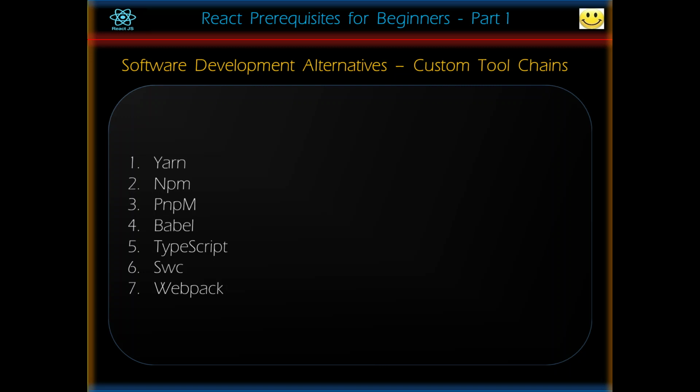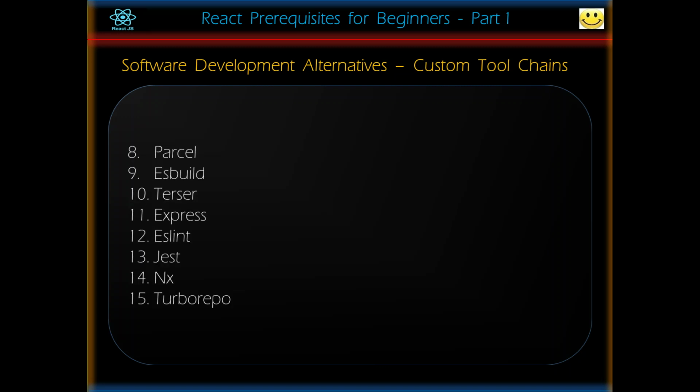In this lecture, we will learn about Yarn, NPM, PNPM, Babel, TypeScript, SWC, Webpack, and then Parcel, ESBuild, Terser, Express, ESLint, Jest, NX, Turbo Repo.